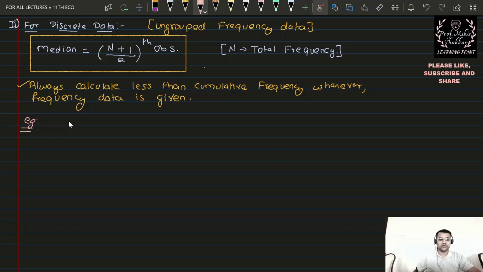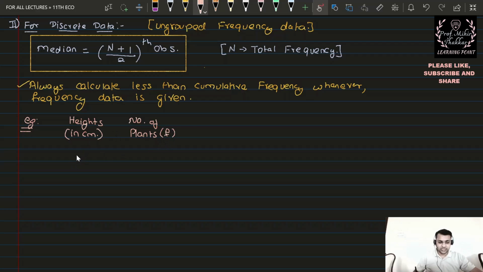Suppose if you are given the information of the heights in centimeters, and let us consider it is information of number of plants. If there is some scientist or a botanist who is studying for the heights of the plants, so these are the given frequency values.